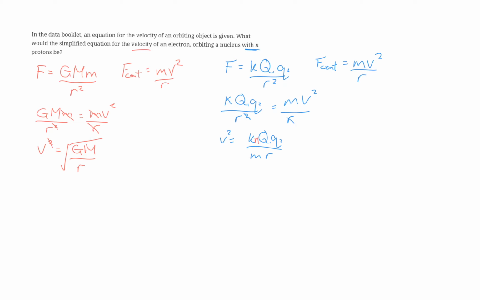And I think if we take a look at your options, I can't remember your options exactly, I think they want it in the form of V is equal to the root of what is essentially a constant multiplied by that n upon R. Right, and this is R here.